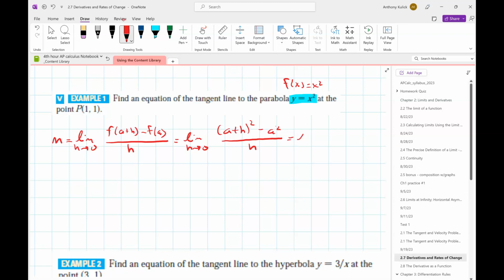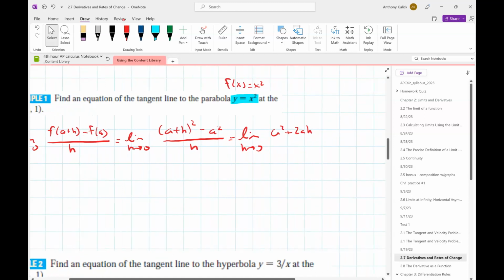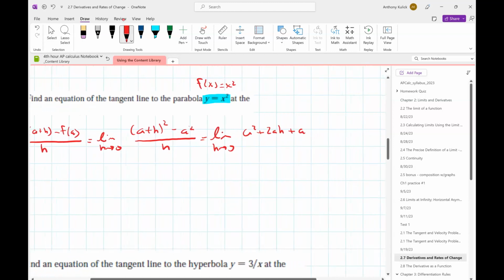Okay. If I FOIL out a plus h squared, I get a squared plus 2ah plus h squared. And I still have the minus a squared, and we're still all over h. What do you notice?